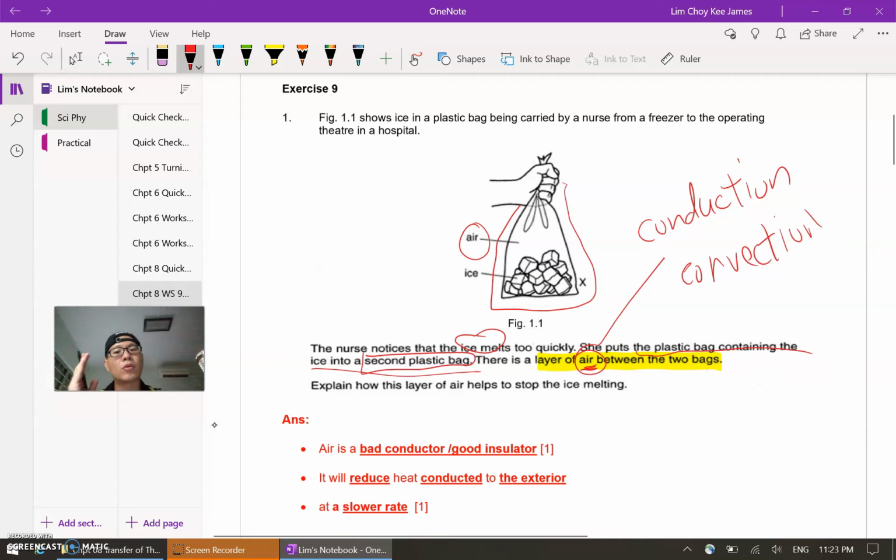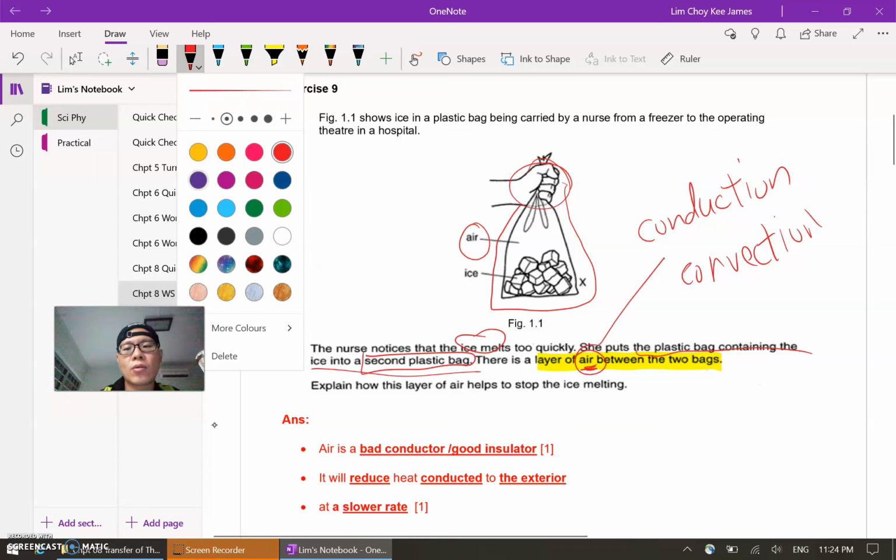Because most often air is a bad conductor. Now the thing to take note of is that the air exists in between the layers of the plastic bag, which means the plastic bag is clenched tightly. If you're talking about hot air rising and cold air sinking freely, you'll find that the air is trapped in between the plastic bags, so you will not see much movement of the cold air and hot air.